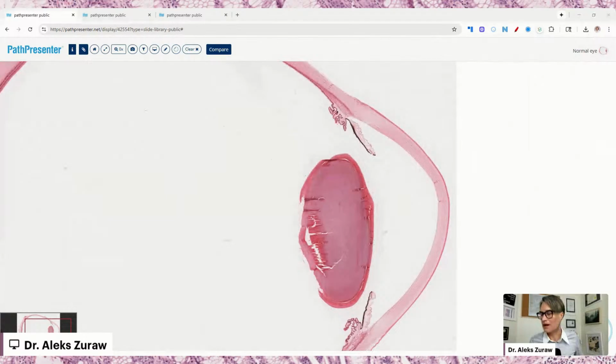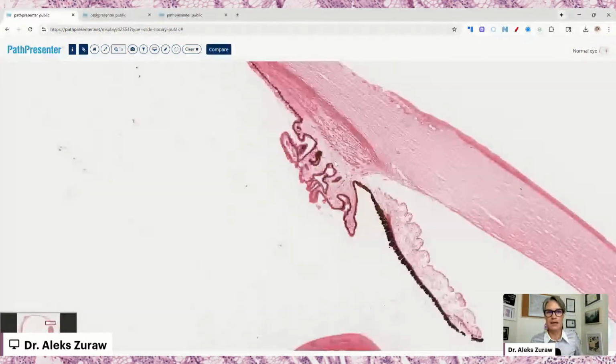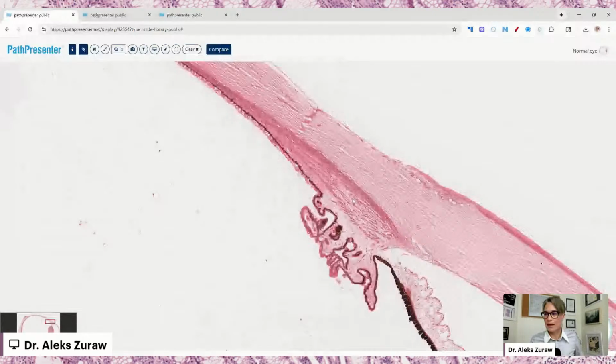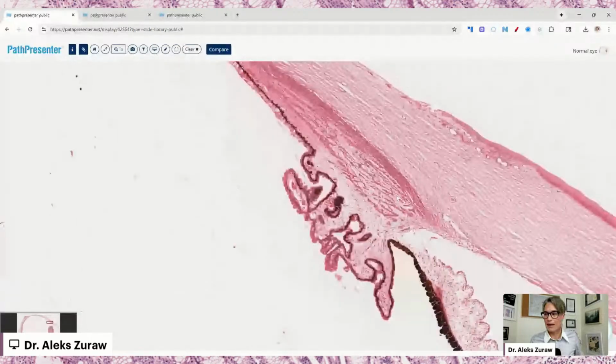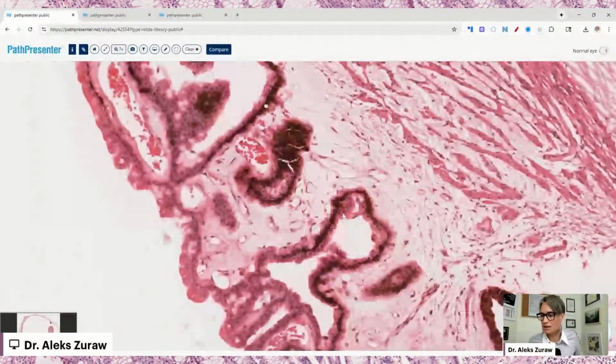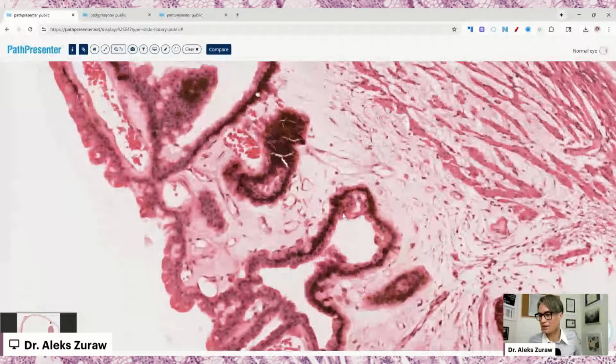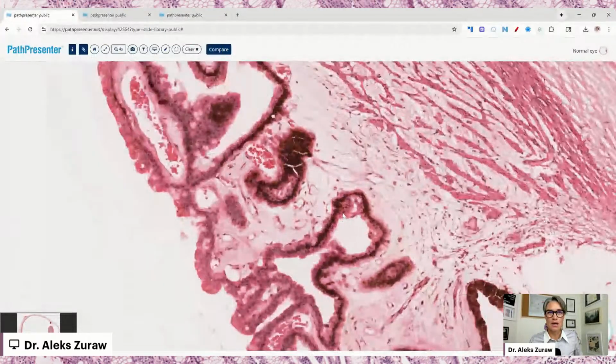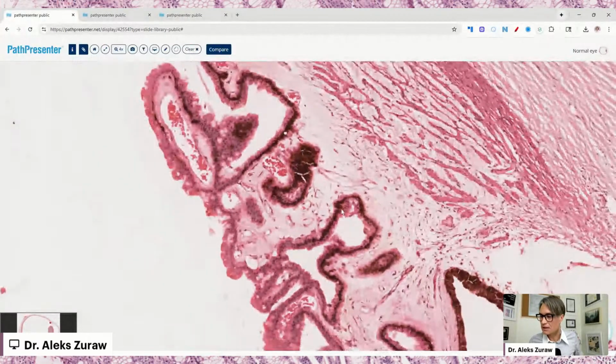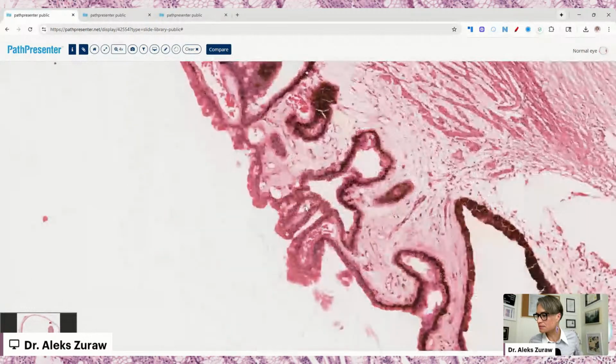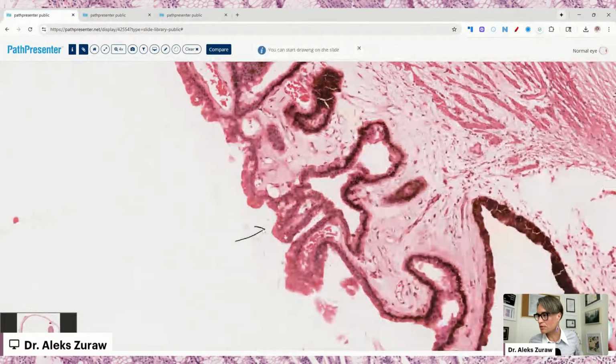And we have our ciliary body here. And it also has this dark epithelium, the pigmented epithelium. We have processes of the ciliary body right here. Ciliary body processes.